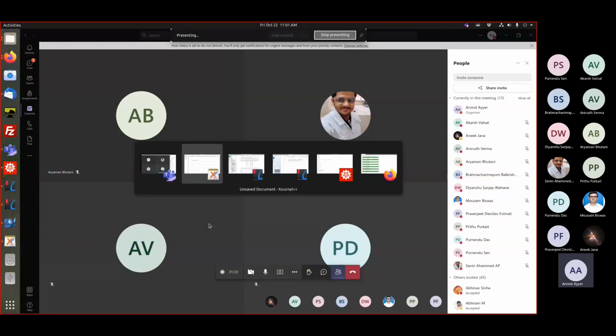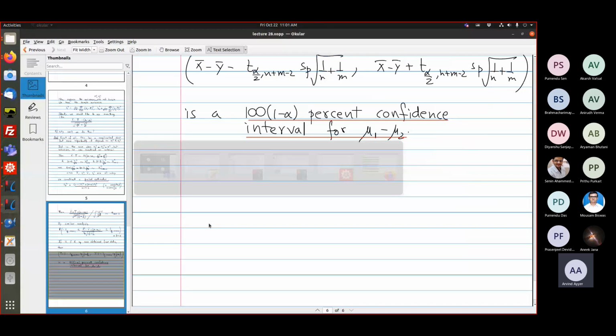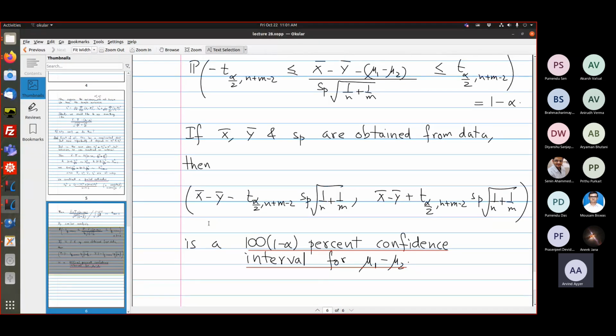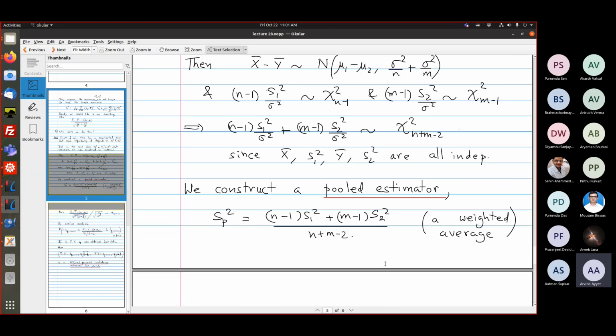So last time we were talking about confidence intervals for the mean of two different normals. So remember what we did.